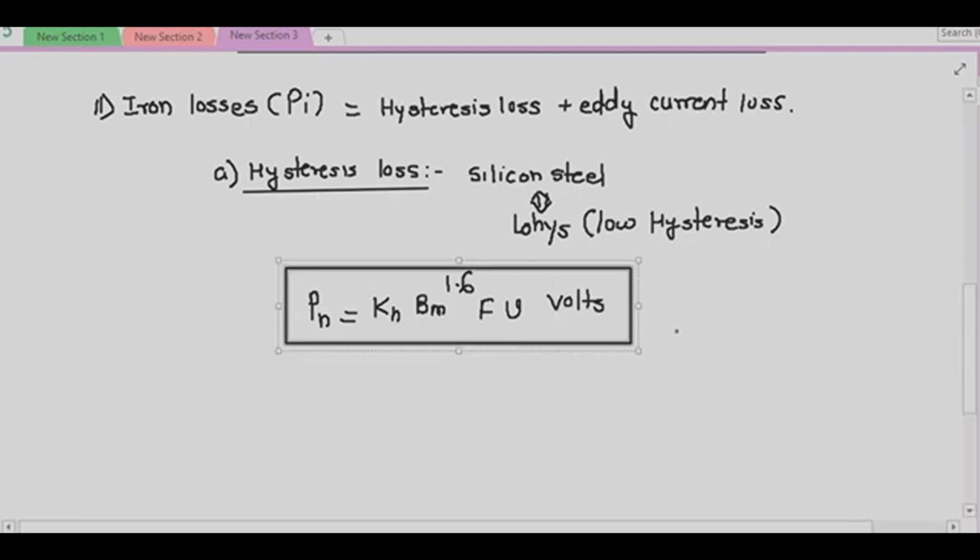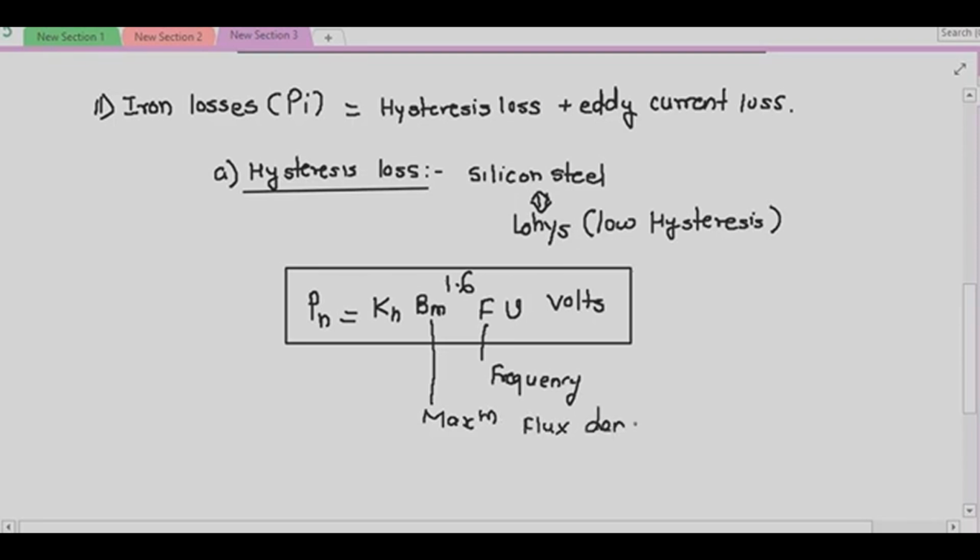All this you have studied in material science. So Ph equals Kh Bm raised to 1.6 f v. What is f here? f is the frequency. Bm is the maximum flux density.